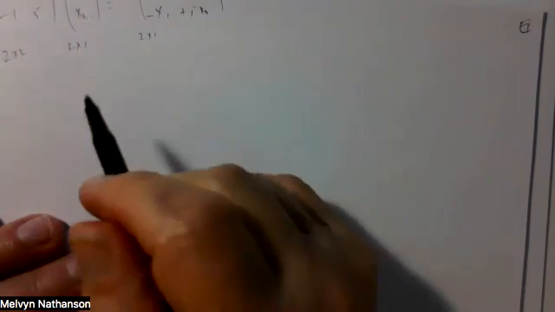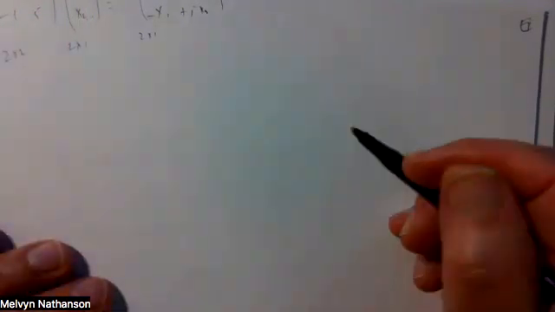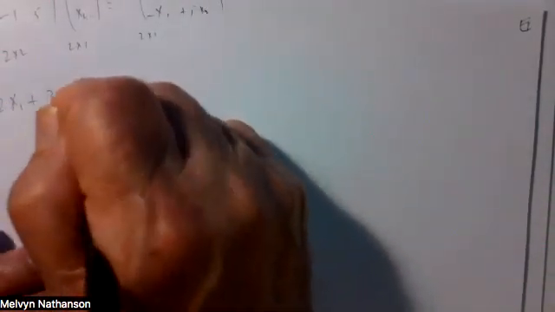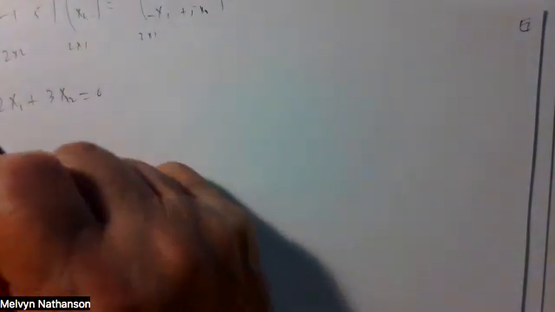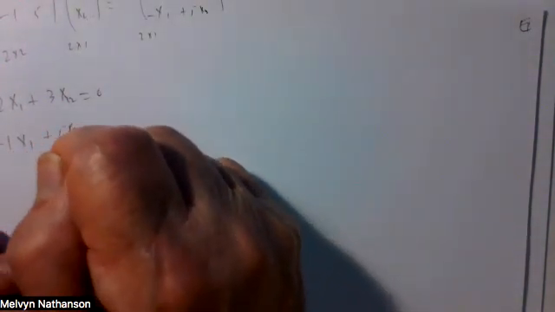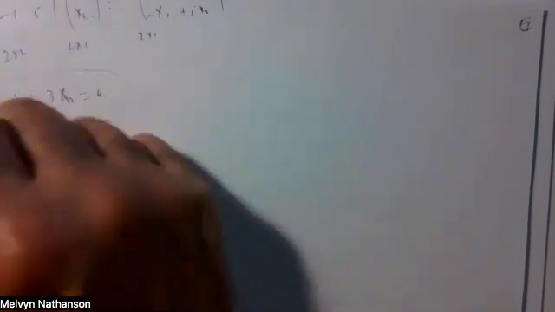So suppose we had, for example, the homogeneous equations, 2x1 plus 3x2 equals 0, and minus x1 plus 5x2 equals 0.